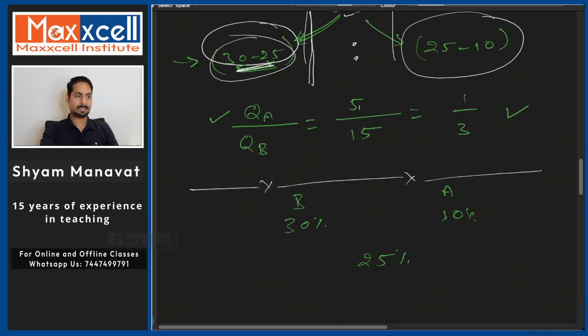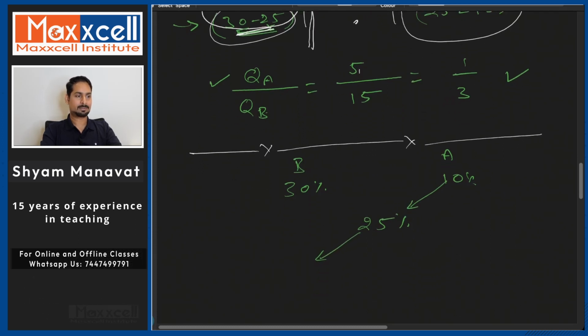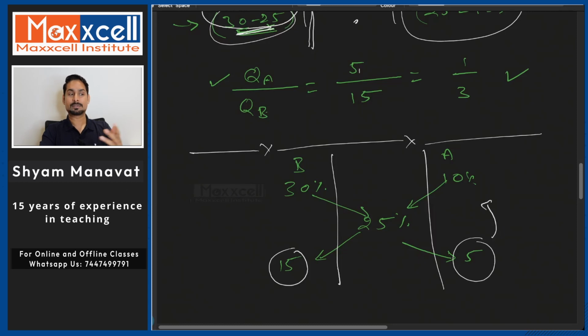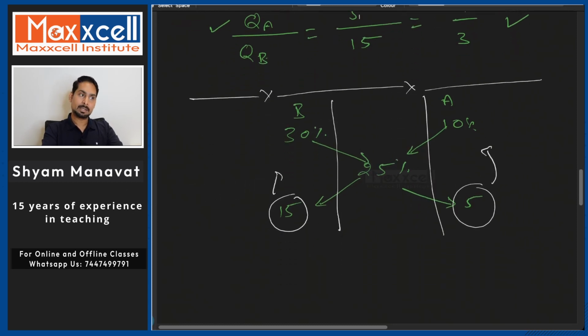Now what do we do? We take the cross difference. What is the cross difference? 25 minus 10, difference is 15. 30 minus 25, difference is 5. As I said, now this 15 should belong to solution B, and this 5 should belong to solution A, because that is towards solution A. Now here again, if you want to write the ratio of quantity of solution A to the quantity of solution B, you will write for A this part first, right?